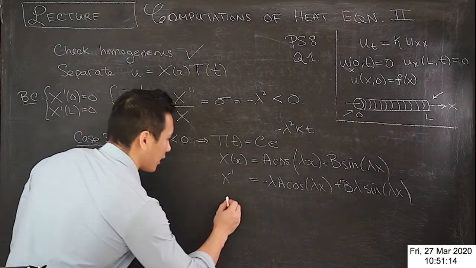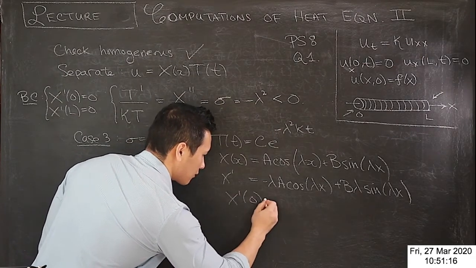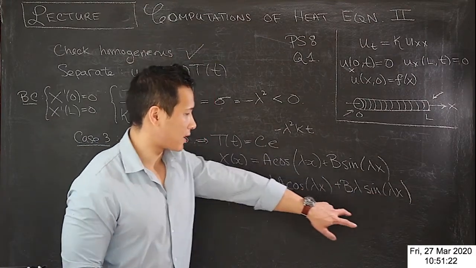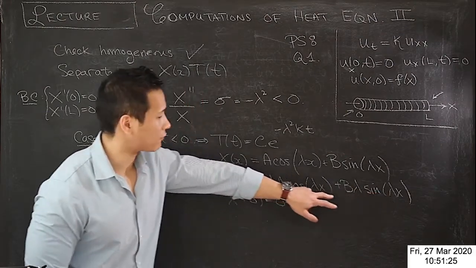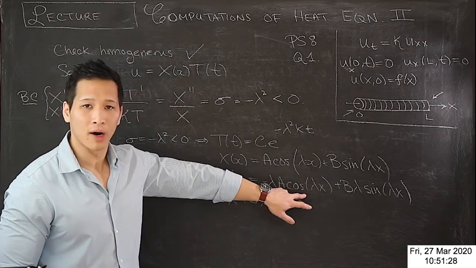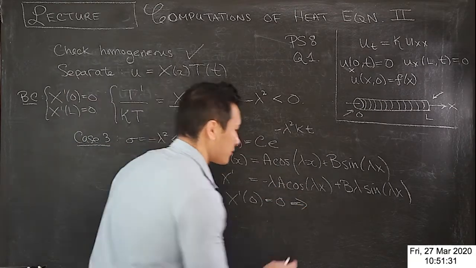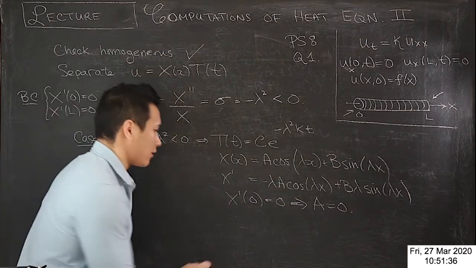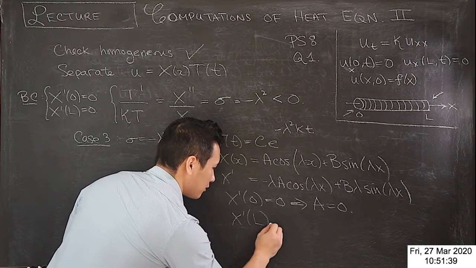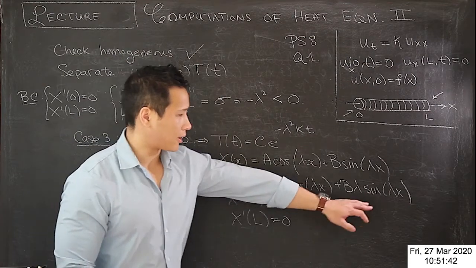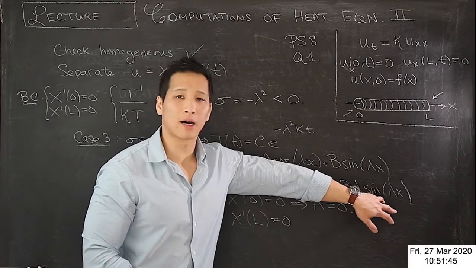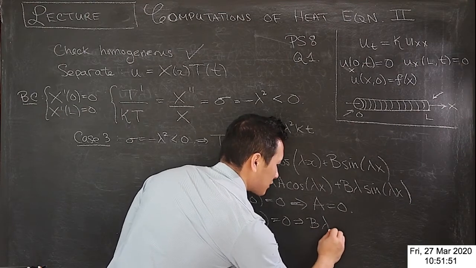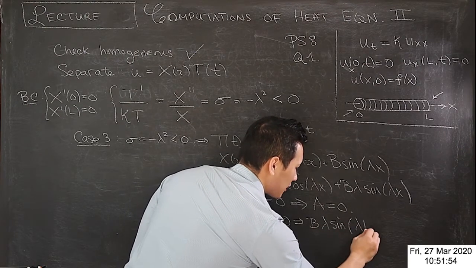Okay, so firstly, X prime of 0 being 0 tells you that if I set x equal to 0, the sine will go away, and I'm left with a cosine. And so b times lambda is equal to 0.